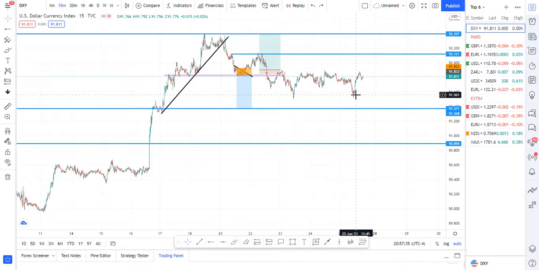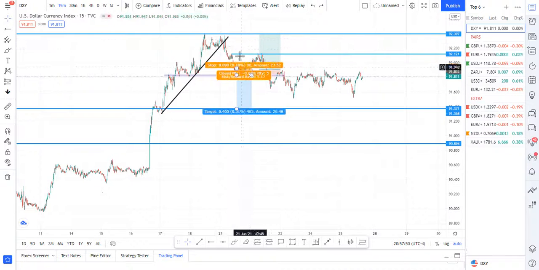So DXY helps me see the strength of the dollar and go to other pairs and choose the direction based on what's happening here.